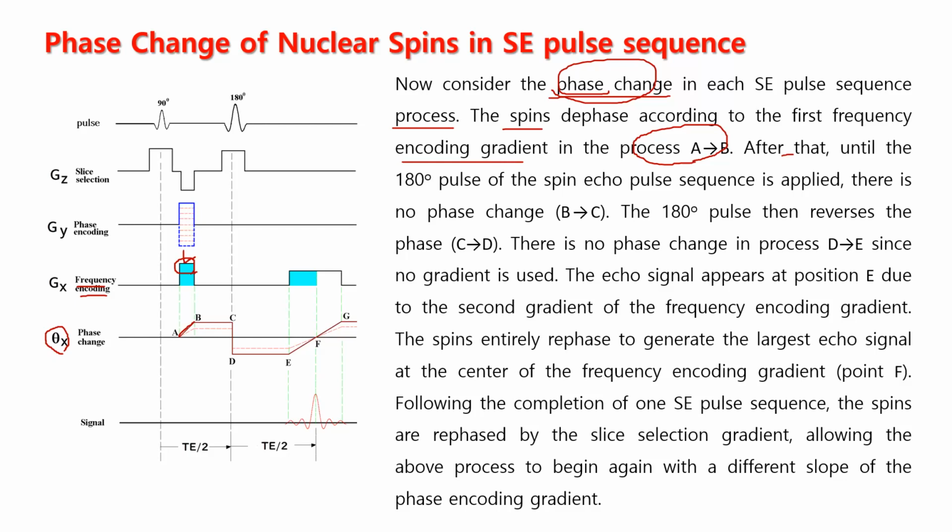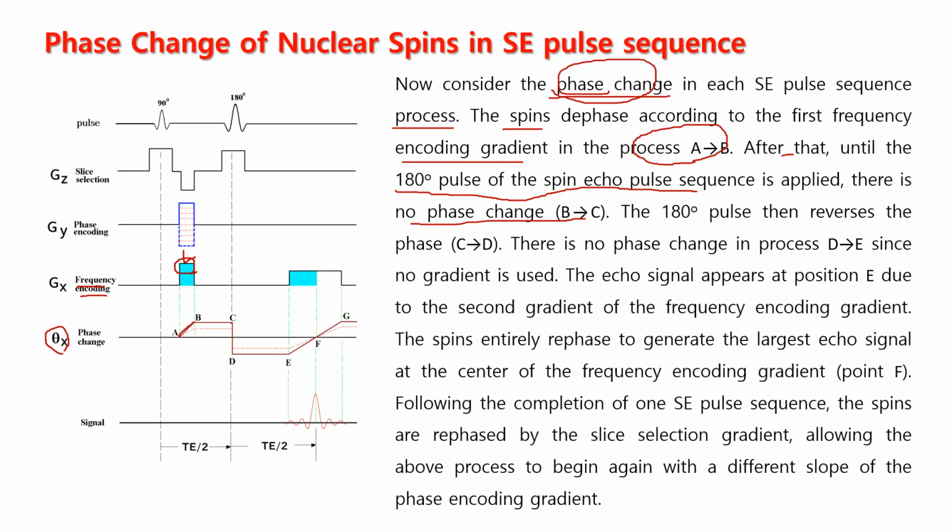After that, until the 180-degree pulse of the spin echo pulse sequence is applied, there is no phase change. So from B to C, we don't have any gradient, so the phase does not change.